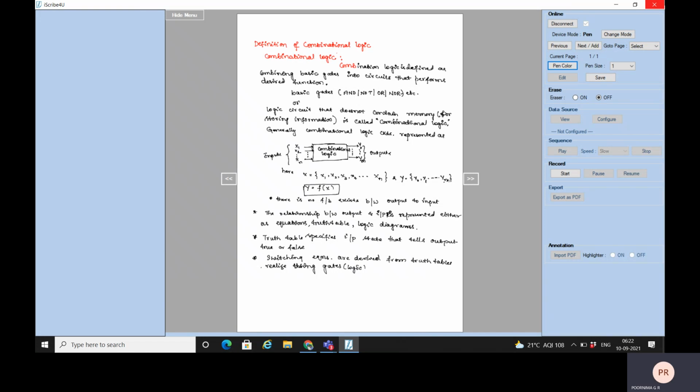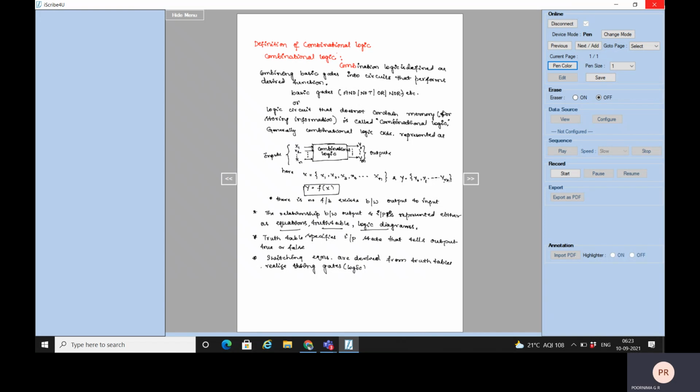As already we know that in a combinational circuit, the outputs and the inputs can be derived through the truth tables or through the equations or through the logic diagrams. So in any combinational logic, if the equation has been specified, what will be the next process in designing the logic circuit, or if a truth table is given, how will it be? And if it is a logic diagram, how then to design the logic circuit.